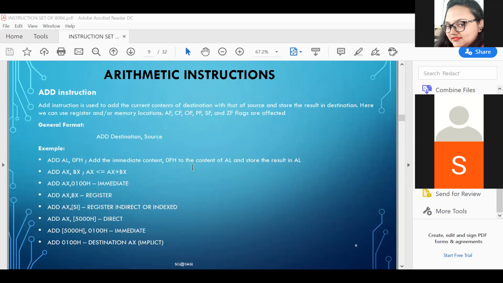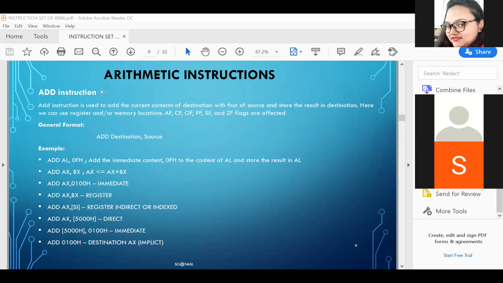That is the extra feature in 8086 which was not present in the 8085 microprocessor, where multiplication and division direct instructions were not available, but in 8086 there is a single instruction to perform the multiplication or division. Now let's start from the addition instruction.